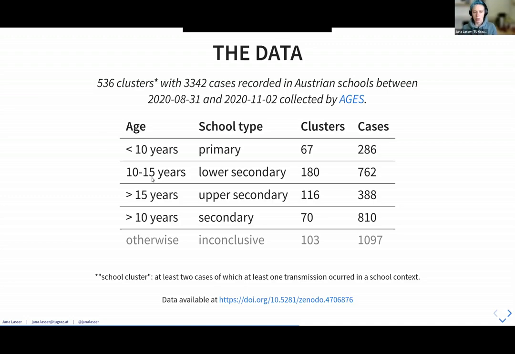So everything that involves only adults and children under 10 years is primary, and lower secondary, upper secondary, and secondary. And everything that couldn't be assigned to a school type based on one of these rules, we label otherwise inconclusive, and we don't use these in the further calibration, but I still report the numbers here.